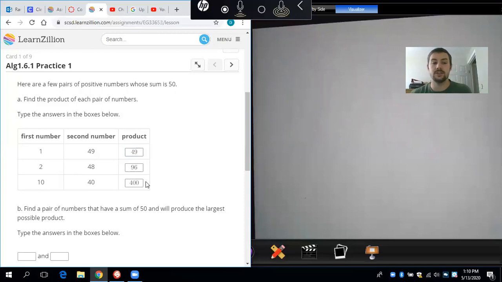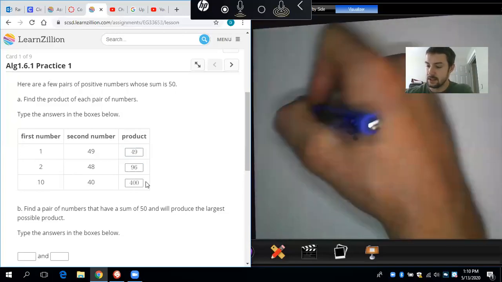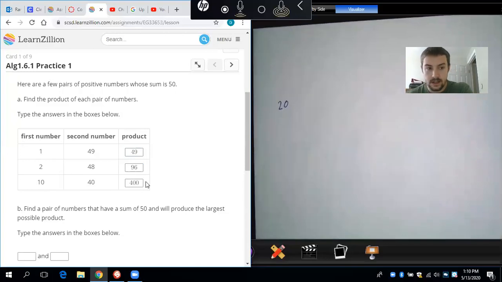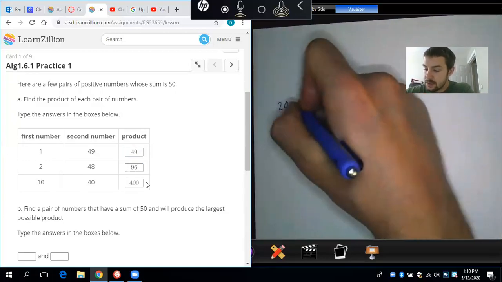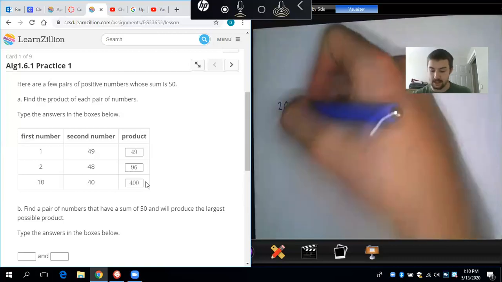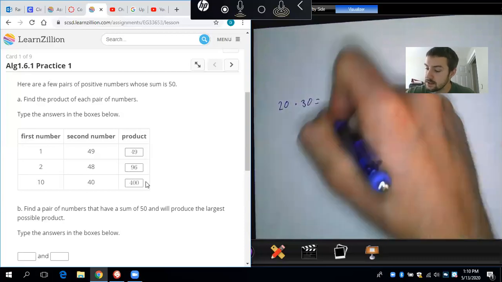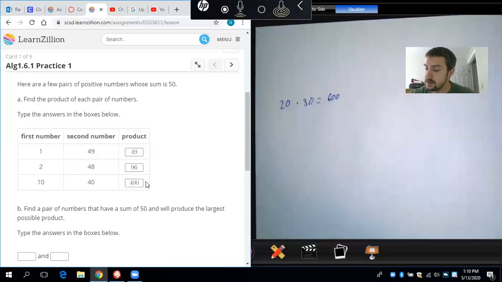What you're going to eventually find is something like this. Let's just pick some numbers. So we'll do 20 is my first number, and that would mean 30 would have to be my second number. And so when I multiply those, 20 times 30 gives me 600.